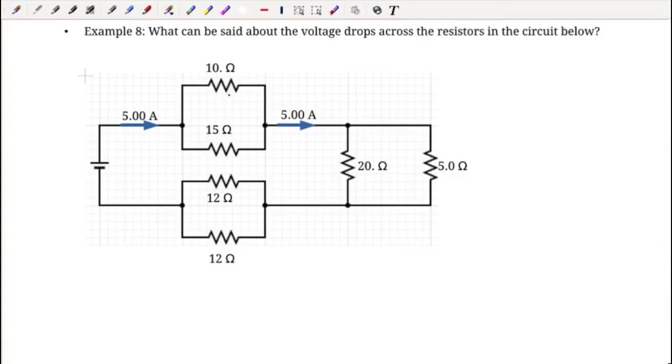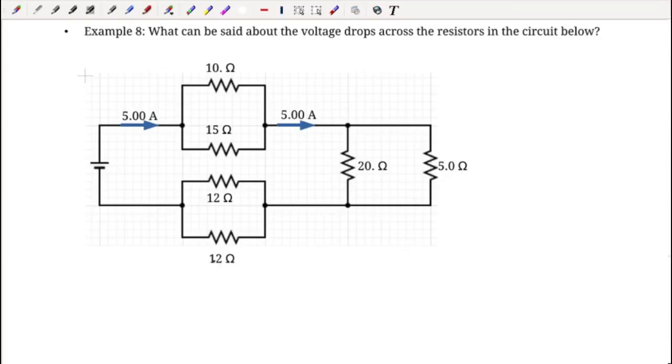So you could go through the 10 or the 15, come back, then you go through the 20 or the 5, come back, and then you go through the 12 or the 12. So we do have parallel options, but we have to go through one of each of these options. So we've got parallel branches, but the parallel branches are in series with each other.